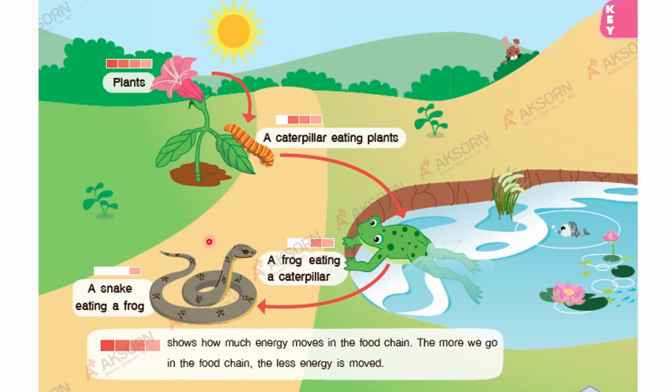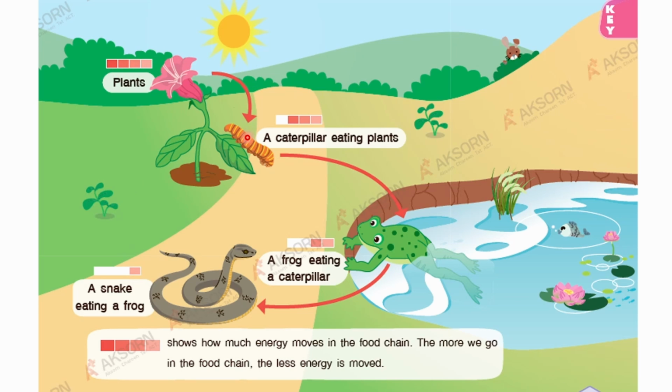And then the snake eats the frog. So the energy goes from the frog to the snake, and the snake has less energy. So now we only have 1/4 of the energy from the plant.